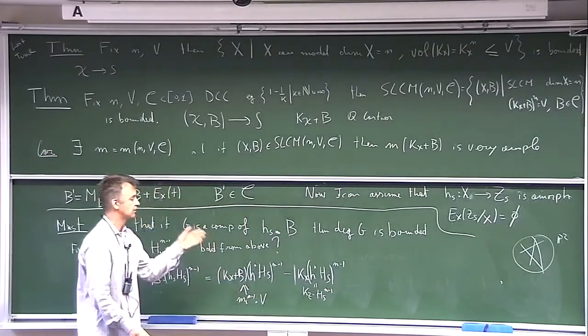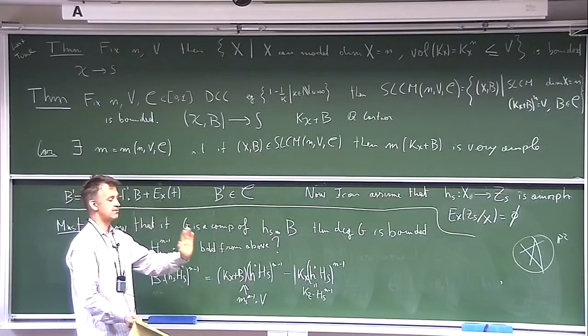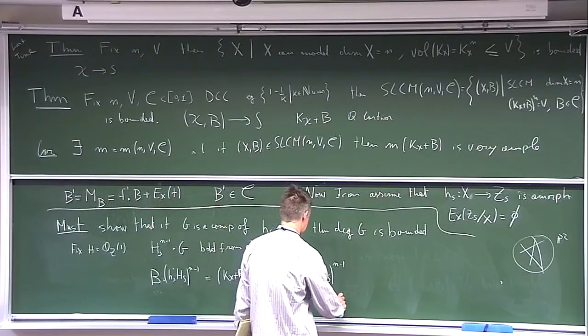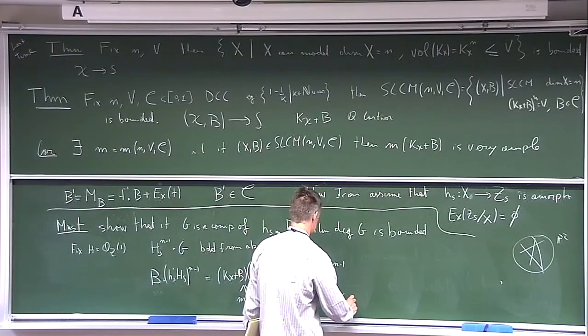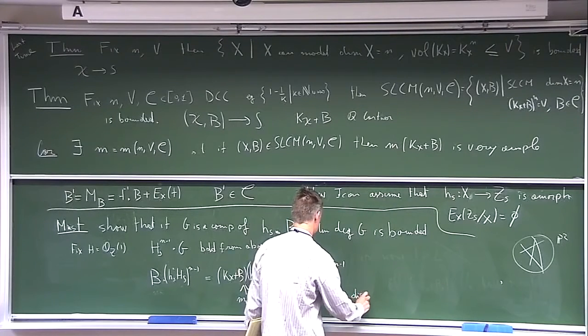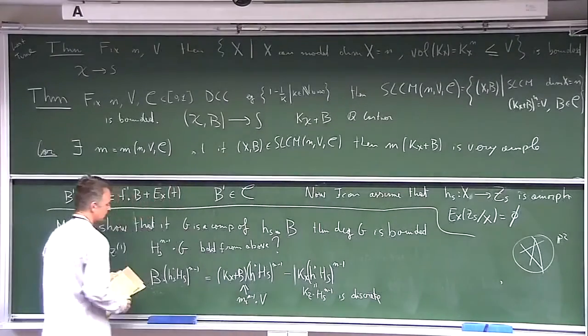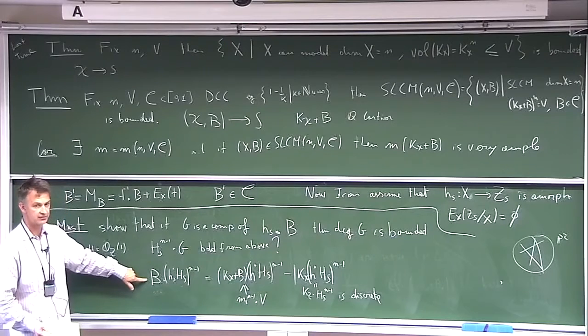But now this Z is like a smooth family over S. It may have many, many components, but it's a smooth family. So this guy here is in a discrete set. So that tells me that this number here is bounded.